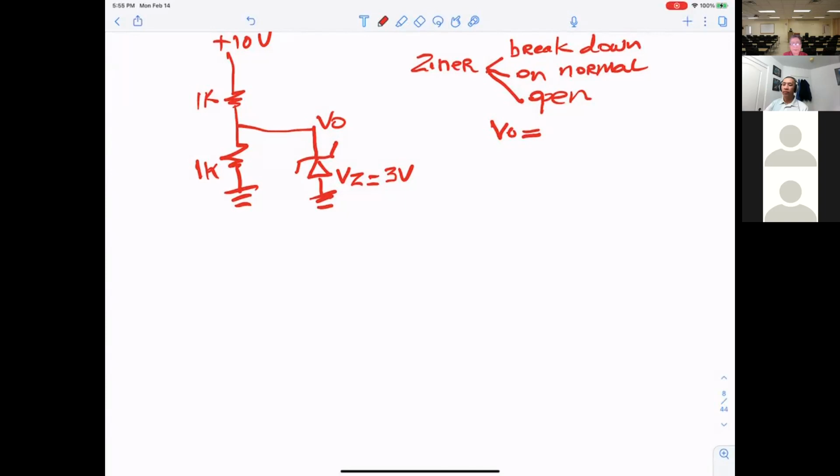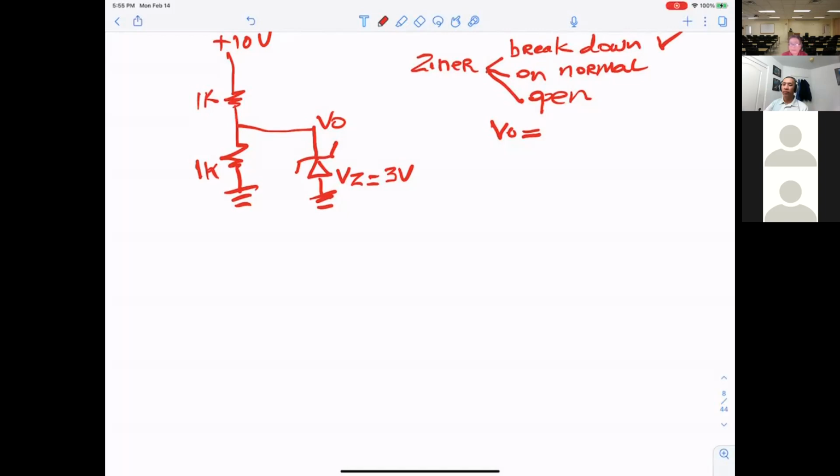Either they can be breakdown, on normal, or open, tell me which one. Breakdown. Yes, sir, because there's going to be 5 volts supplied in the reverse, so the output will be 3 volts.